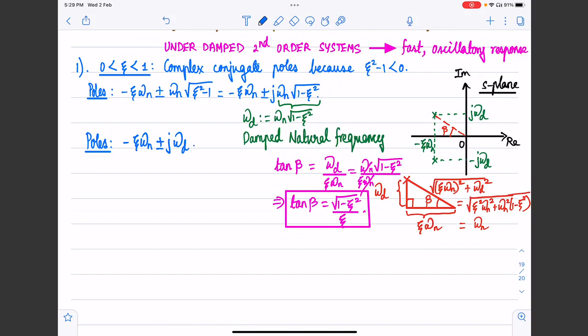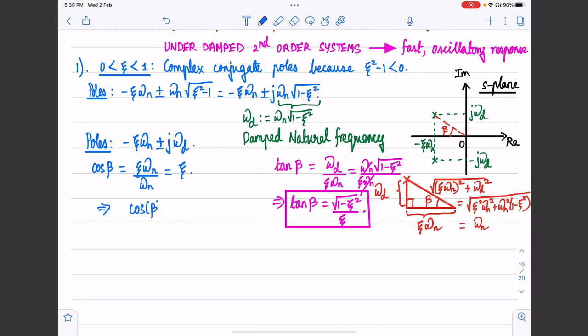And from the same triangle, if I want to write cos beta, what is cos beta? Cos beta is the adjacent side by the hypotenuse for a right angle triangle. The adjacent side is zeta omega n and the hypotenuse is omega n, so omega n and omega n cancel off, and I get zeta. This is also important, so please remember this.